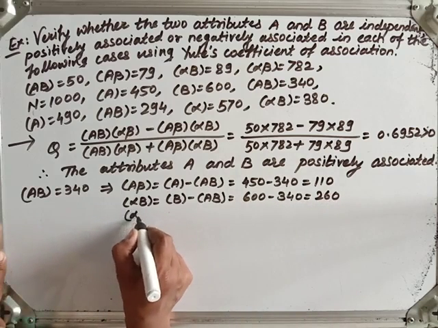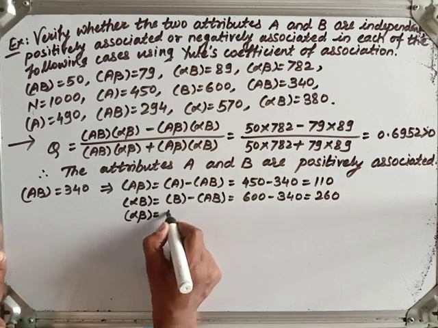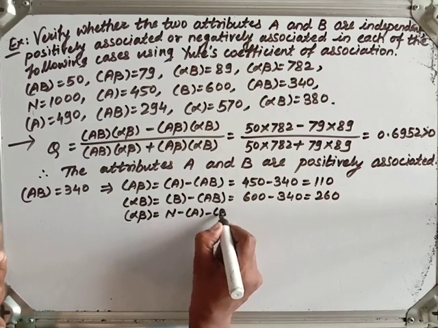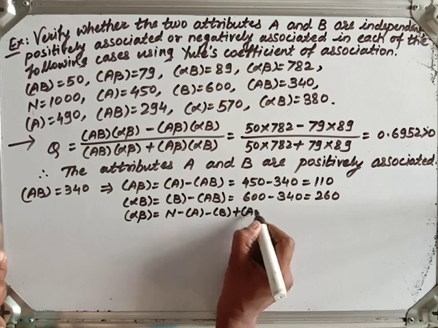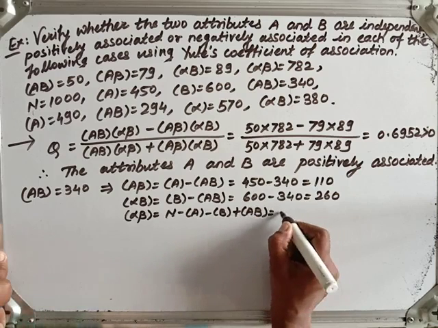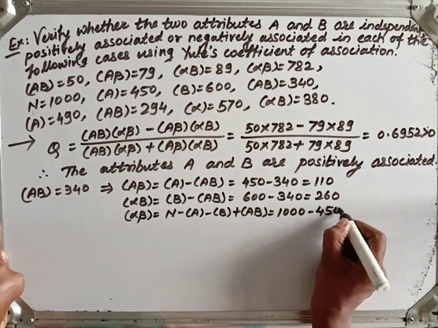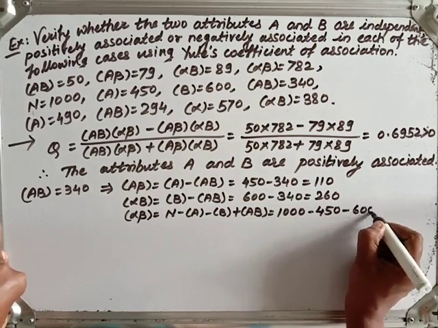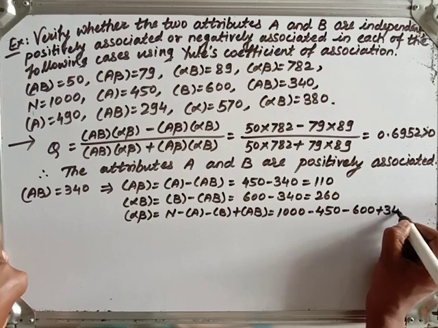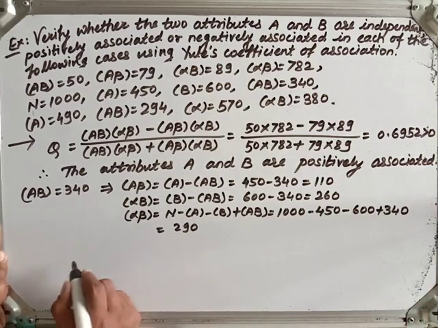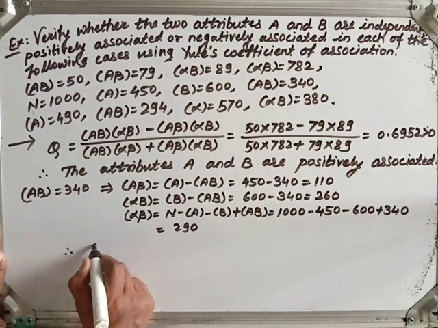Again, alpha beta is N minus A minus B plus AB, so 1000 minus 450 minus 600 plus 340. So, this is 290.